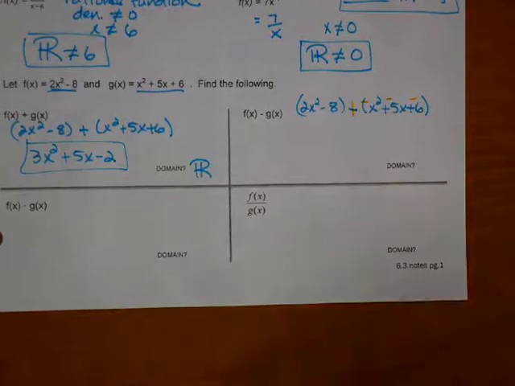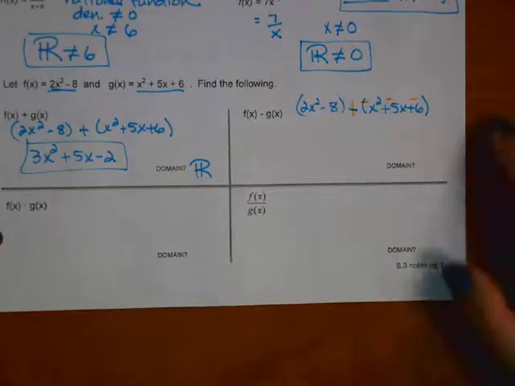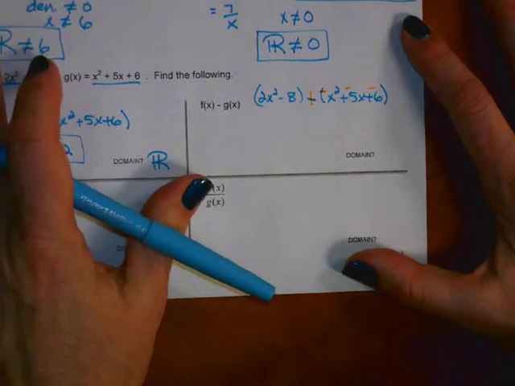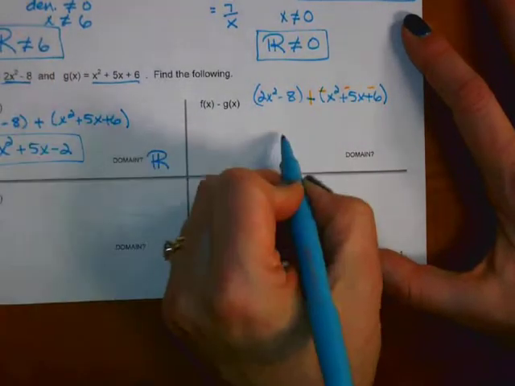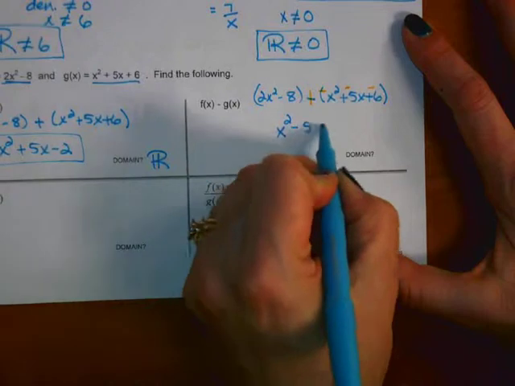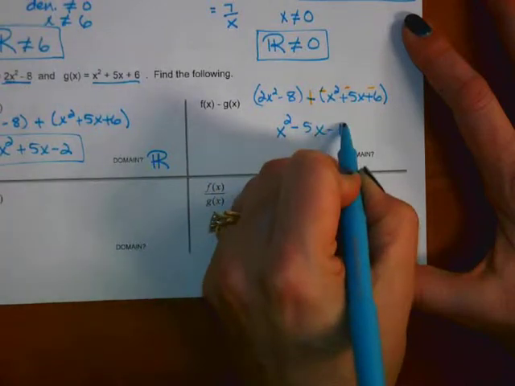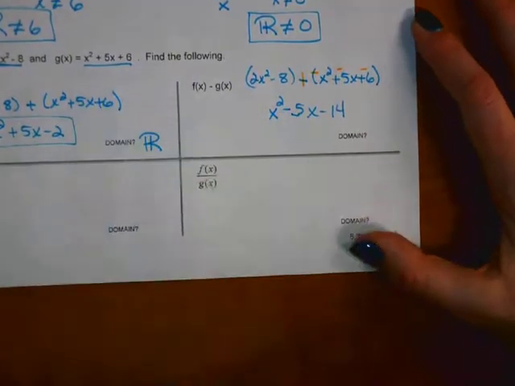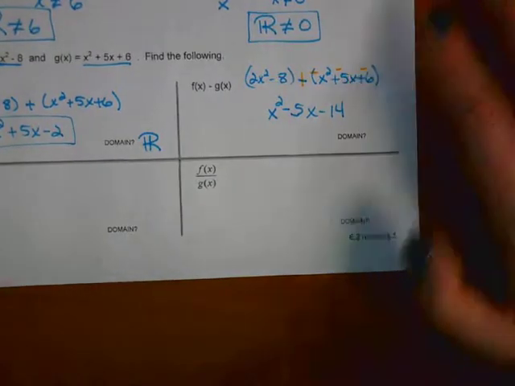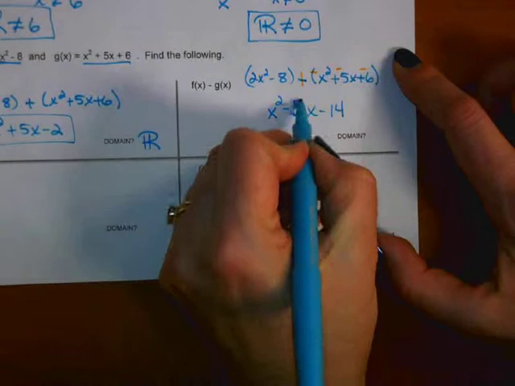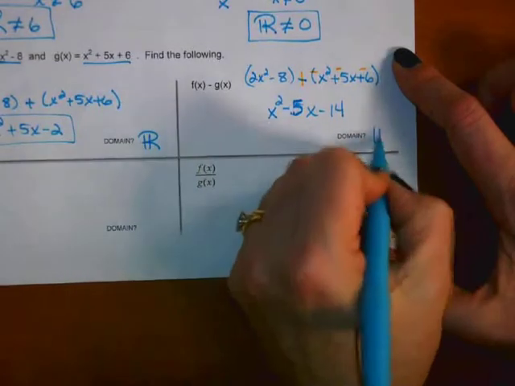And then you combine like terms. So when you do that, you get x squared minus 5x minus 14. Any restrictions here? No, x can be anything.